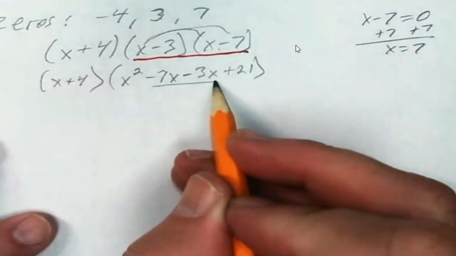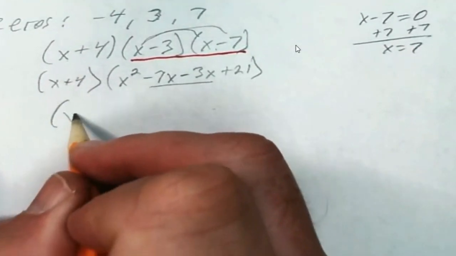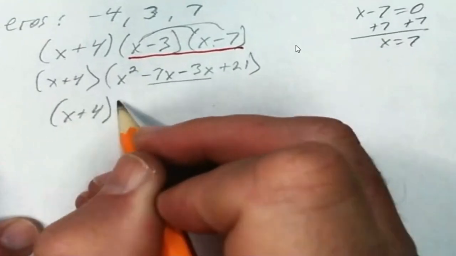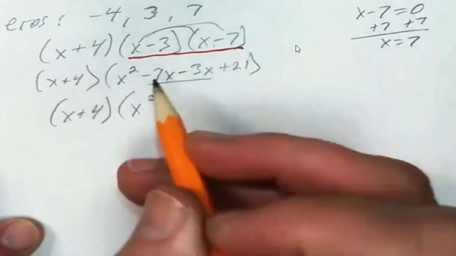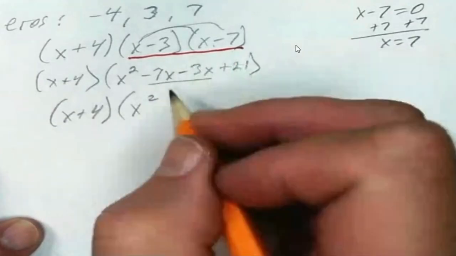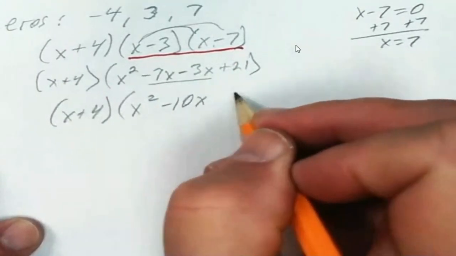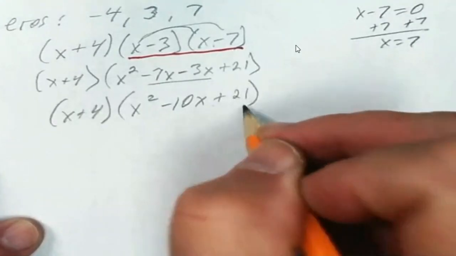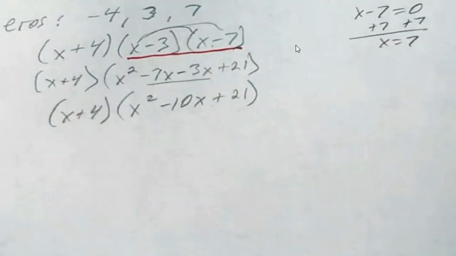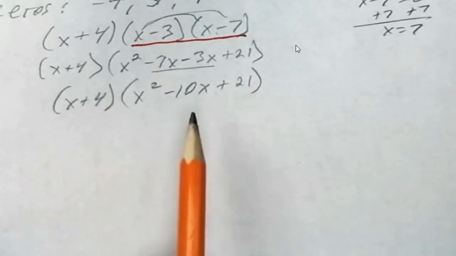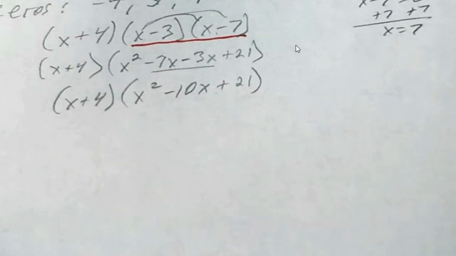Now let's simplify this because we have like terms. So this is x squared. Negative 7x and negative 3x combine to be negative 10x.